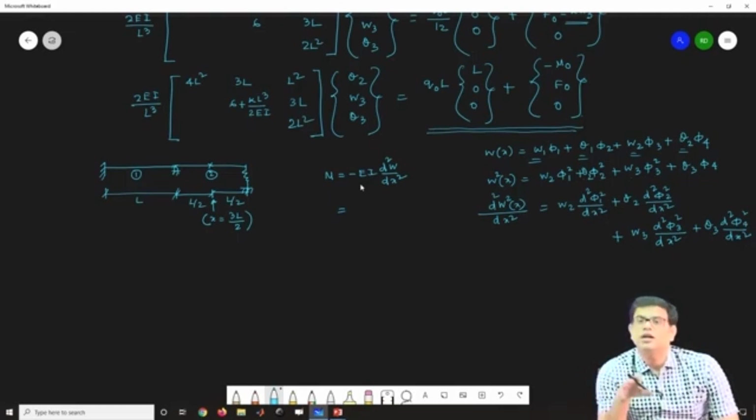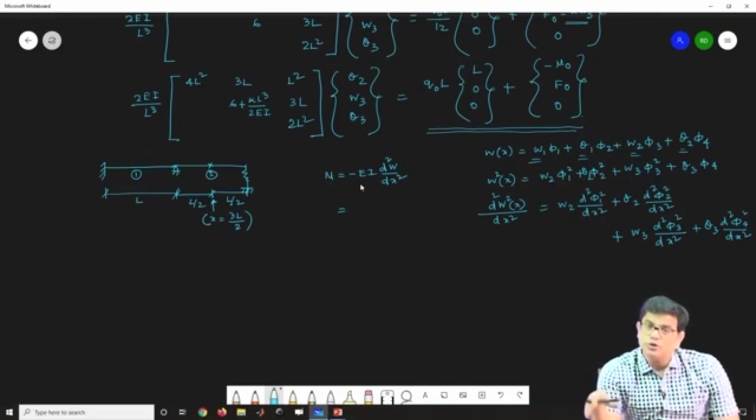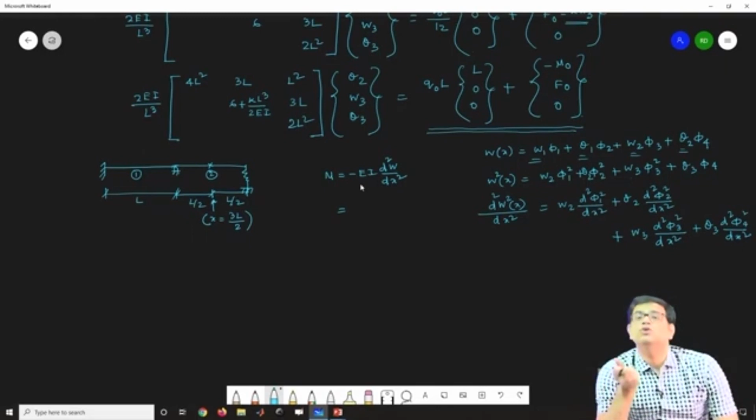The solution module is the main solver, where you solve the system of equations. It may be nonlinear. Once you get the primary field variable, you go for post-processing, computing the moments, stresses and other things, or even calculating the reactions.